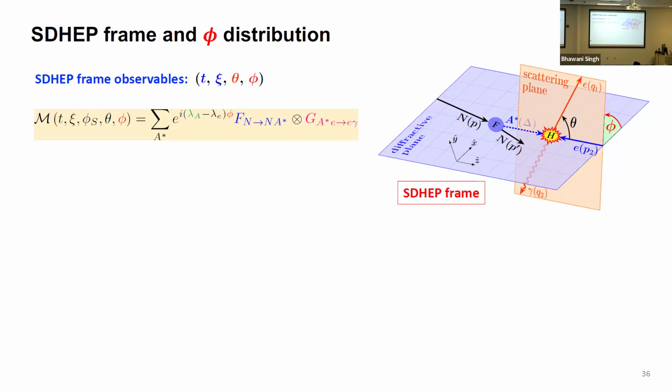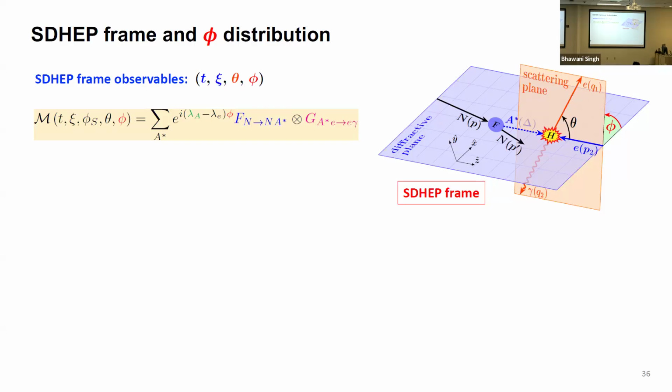And because we make an expansion over any possible state A star, we decompose the whole amplitude of this 2-to-3 process as an expansion over the sub-amplitude of each individual A star. And for each of them, we separate the whole amplitude into two parts.